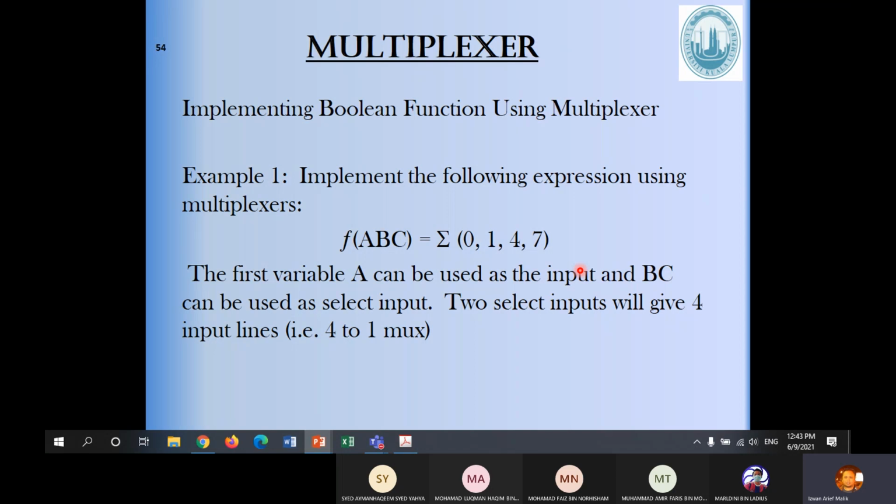For this type of question, it is explained here.